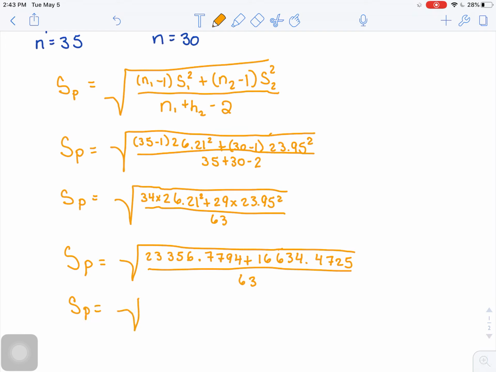So when you combine that, we're making some progress. You get 39991.2519 divided by 63.